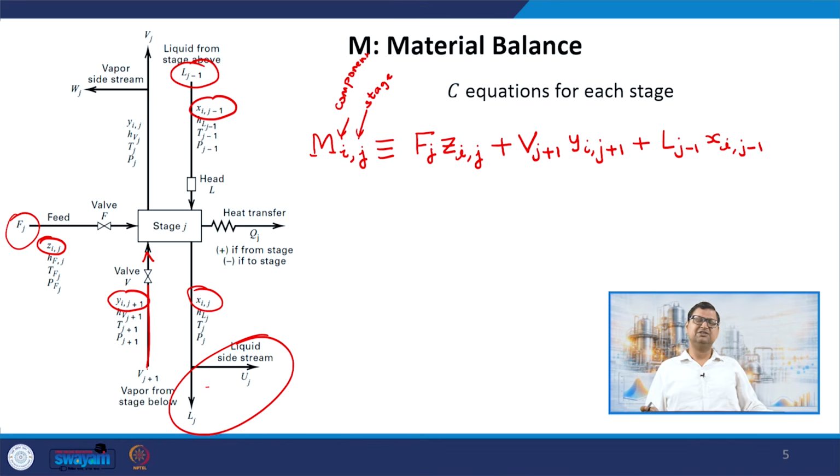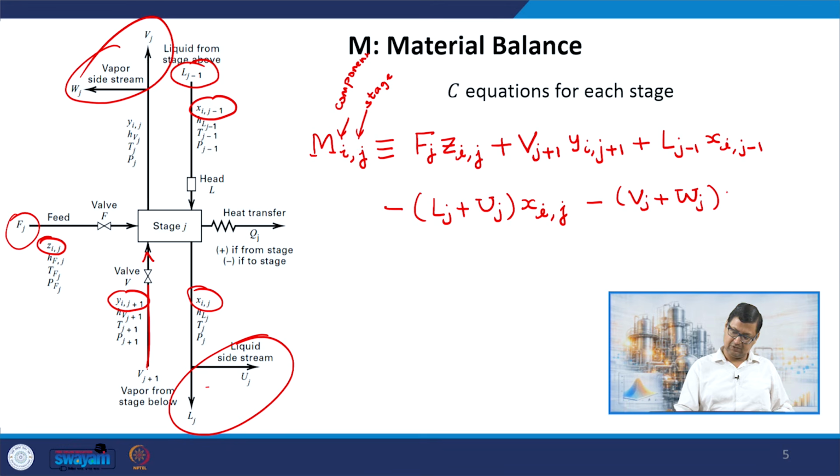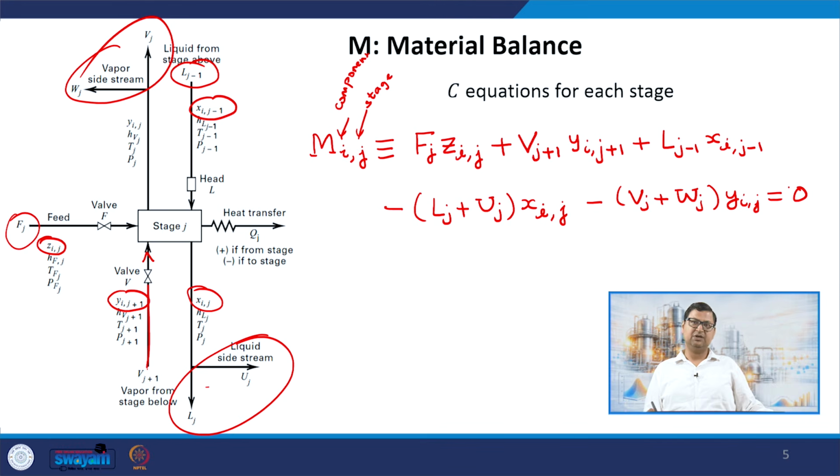So basically the liquid side stream is being purged from the liquid that is flowing down from the stage J, and so therefore we have Lj plus Uj times Xij, and similarly we have Vj plus Wj times Yij, that is going out. So this becomes the mole balance, and we are going to have this equation for every component in every stage.